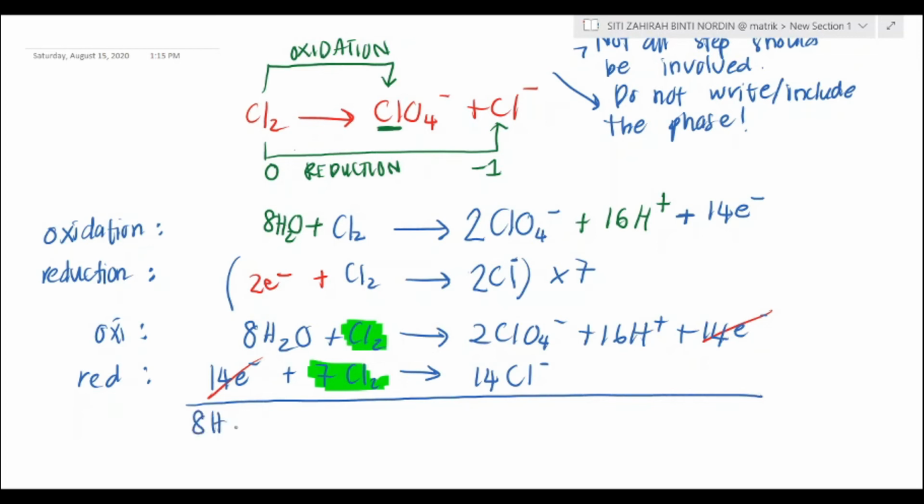So 8H2O plus 8Cl2 to form 2ClO4 minus plus 16H plus plus 14Cl minus.